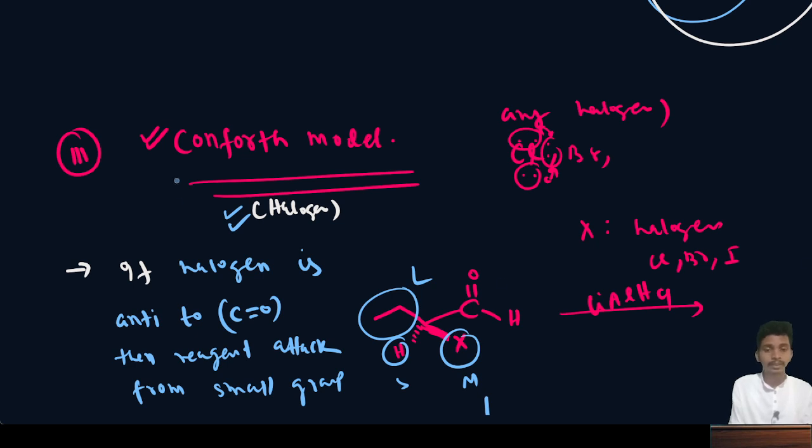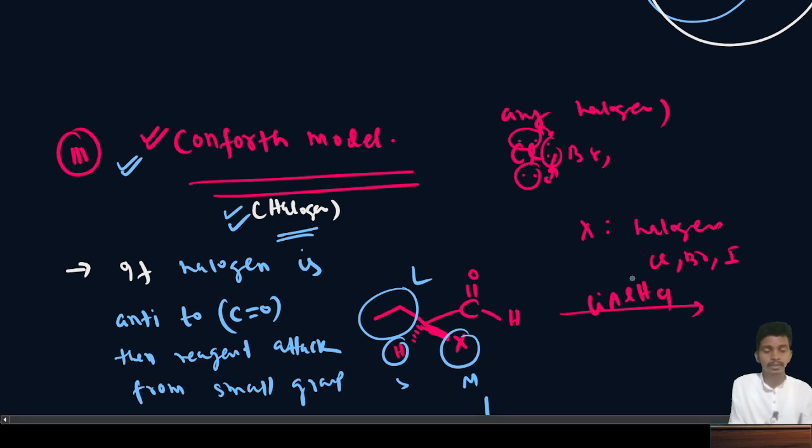It is the same as the Cram-chelate model, but instead of OH and H, if a halogen group is there, at that time we will use the Cornforth model, not the Cram-chelate model. Obviously the lone pair should also be there. So this is about these three models. Now we will solve examples related to these models to make it clearer.